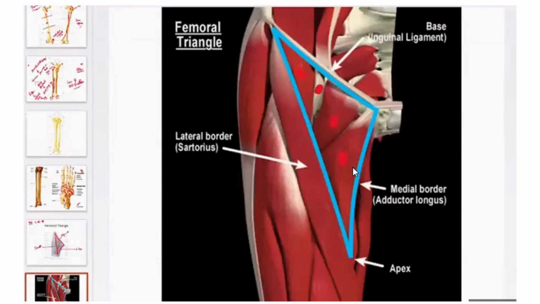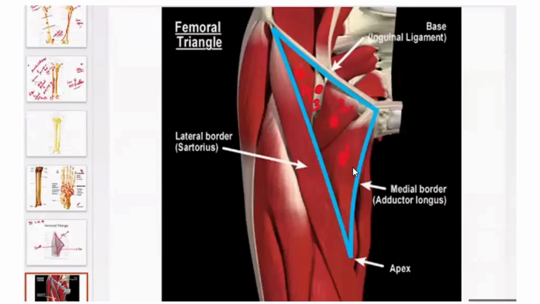Totally 4 muscles form the floor: number 1, number 2, number 3, number 4. That forms the floor of the femoral triangle. Adductor longus forms both floor and boundary. That you should remember.